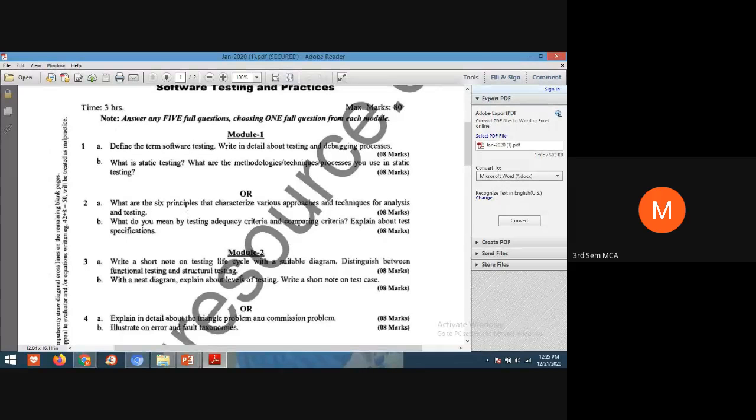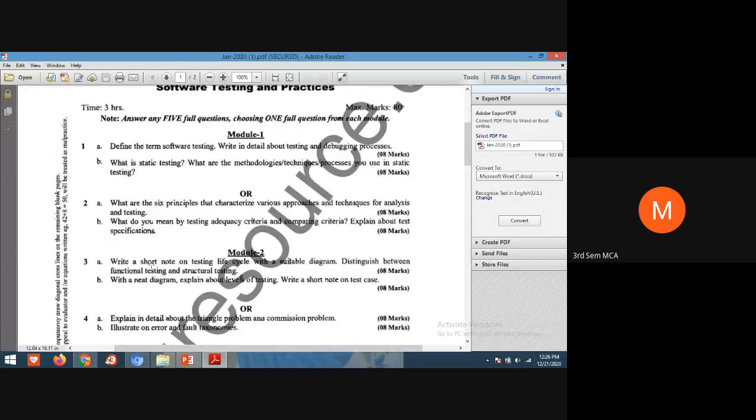Six principles. Yes, students, any answer? 6 principles that characterize various approaches and techniques for analysis and testing.